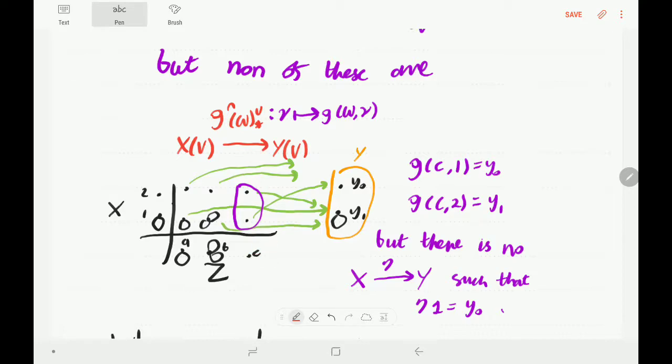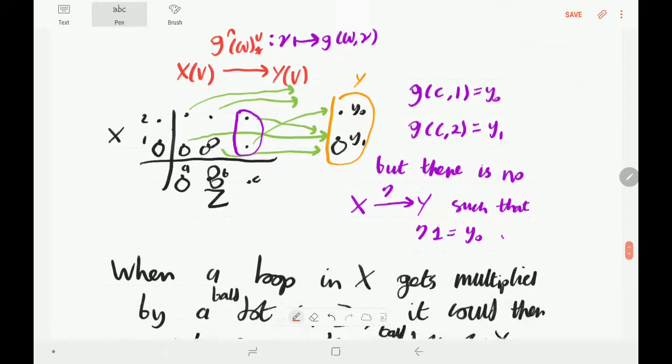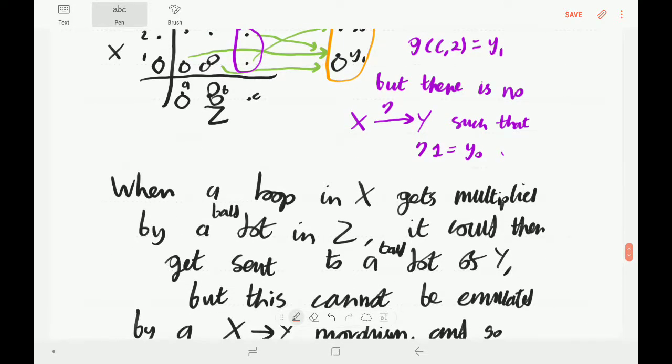So you're allowed to mess with the structure when stuff's multiplied in ways that do not correspond to morphisms, and that's why the exponential object is not just a load of dots, because it has to have extra structure to represent these extra things you can do.